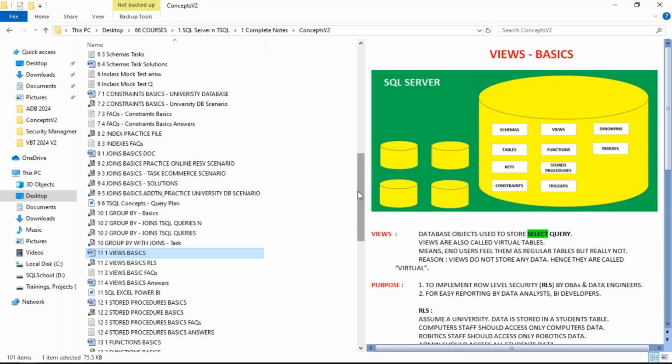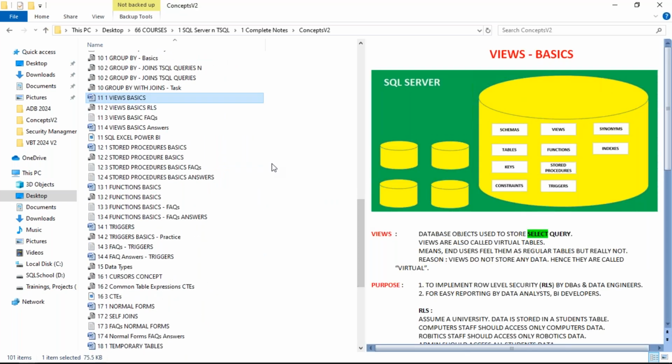We have something called database objects. Just like our body has multiple organs, a database also has multiple parts. They work together. So a database is not a magic component, it's a practical component.